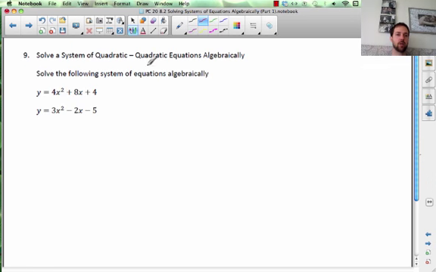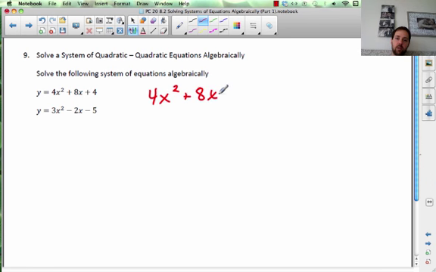Okay, quadratic equations. So a system of two quadratics. So again, set them equal to each other and solve. We want to know where they overlap, so that is where their coordinates would be equal. So where 4x squared plus 8x plus 4 is equal to 3x squared minus 2x minus 5.